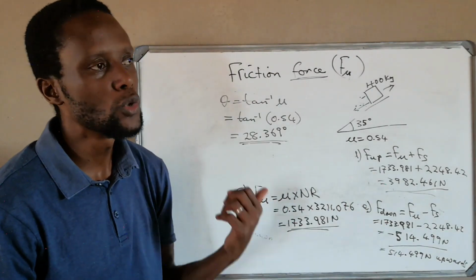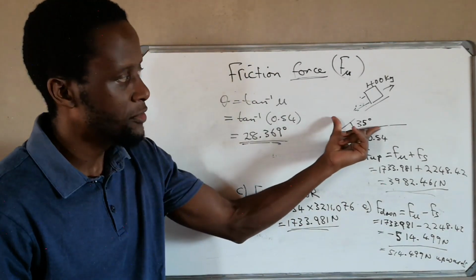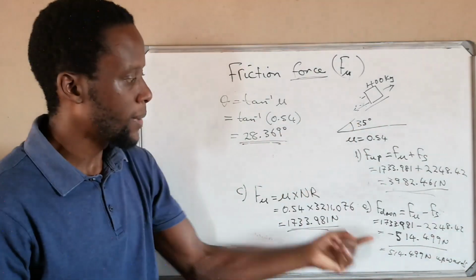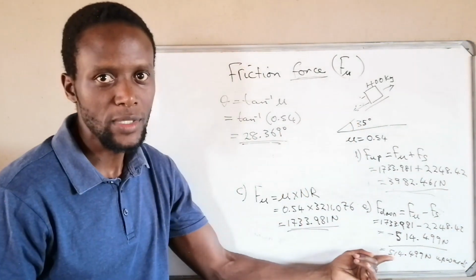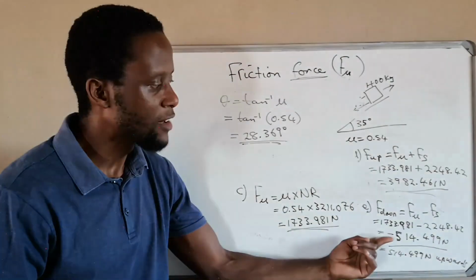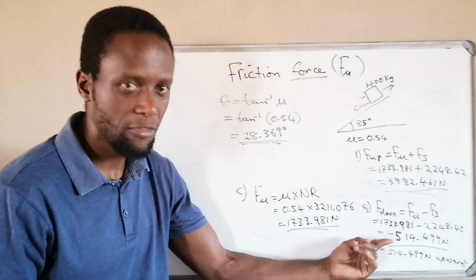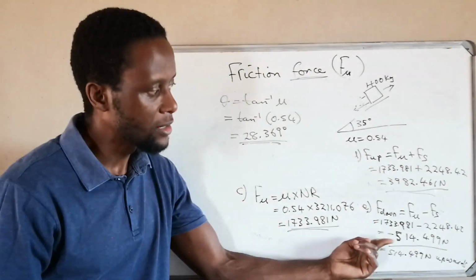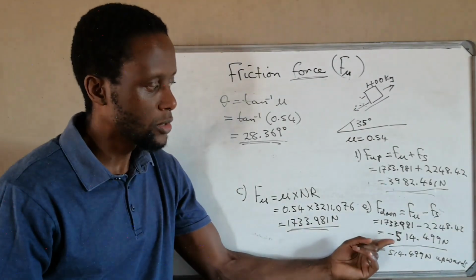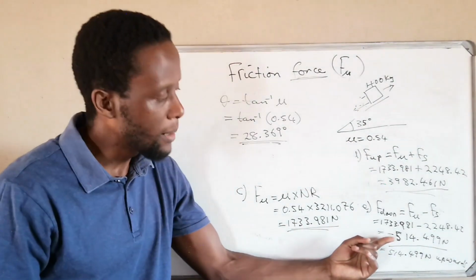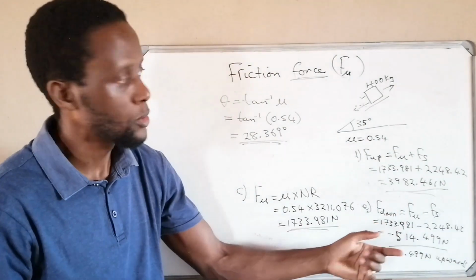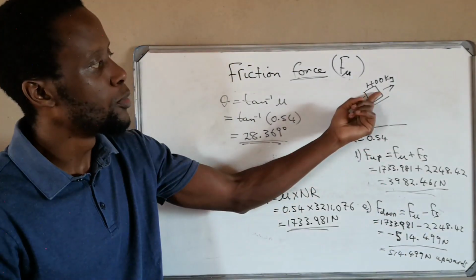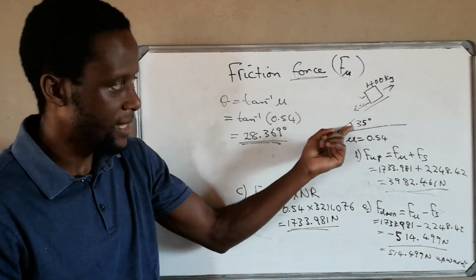So in order for you to maintain a constant velocity, you don't need to apply this force in the downwards direction, but this will be a force in the opposite direction. The 514.499 newtons, you should apply this in the upwards direction so that the object moves at a constant velocity at this angle.